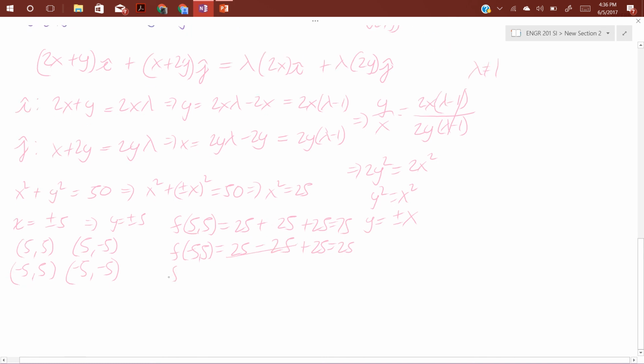And so, like I said earlier, the same sign ones are going to give us one result, and the opposite sign ones are going to give us the other.